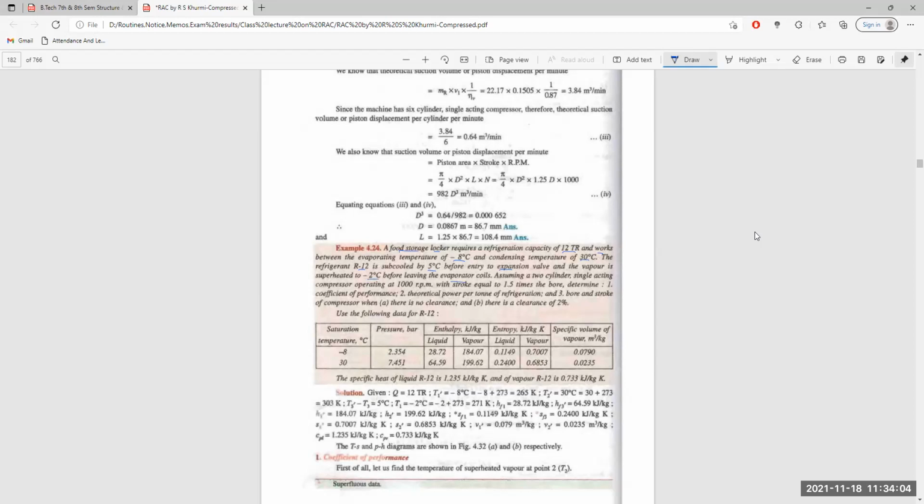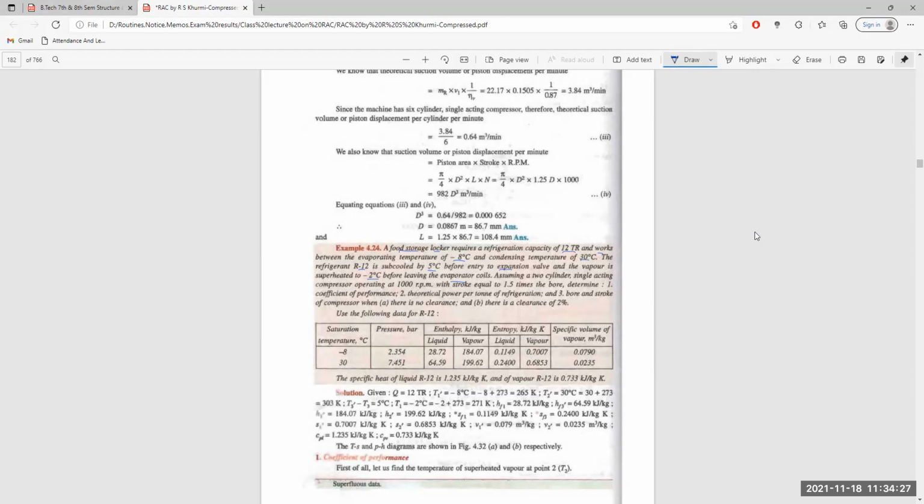So the evaporating temperature was -8 degrees centigrade, but the vapor is superheated to -2 degrees centigrade before it leaves the evaporator coils and goes into the compressor cylinder.